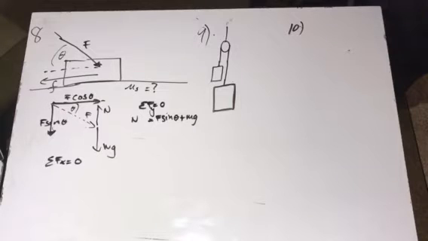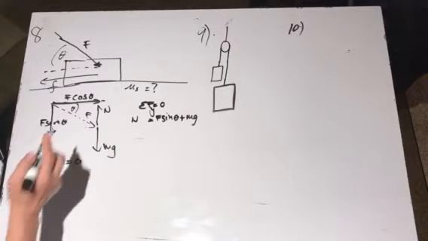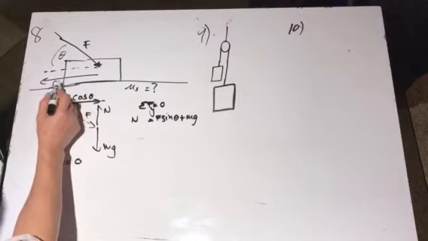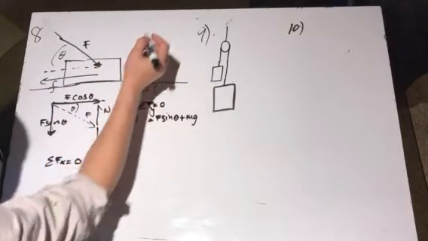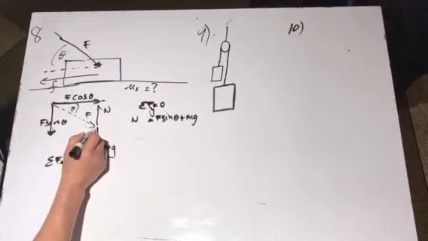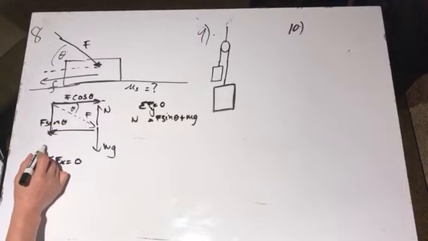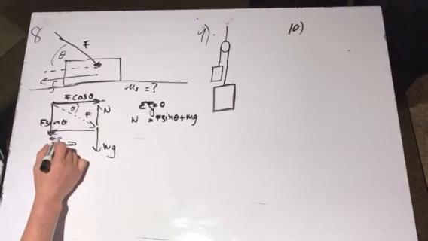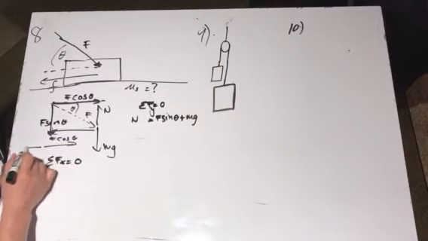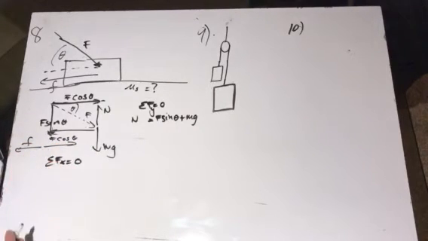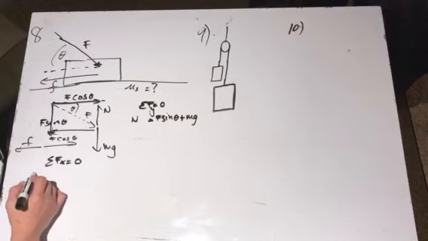On this one, when you look at your multiple choice question, you know that F cosine theta is equal to the frictional force, and I'm going to replace that one later.